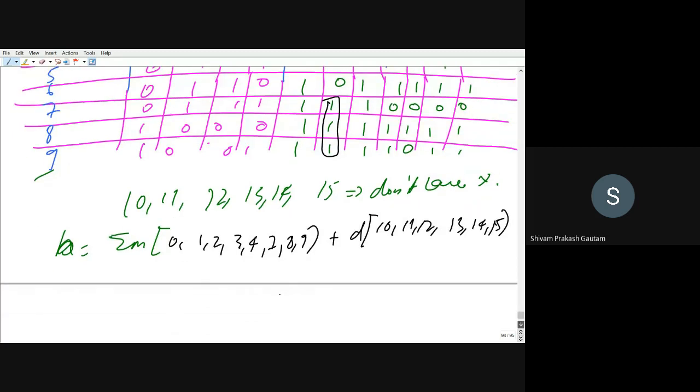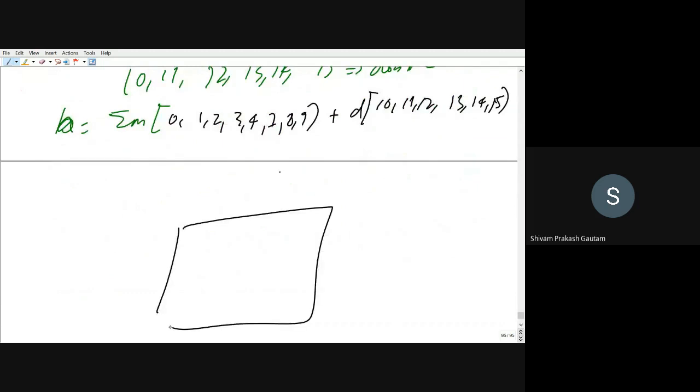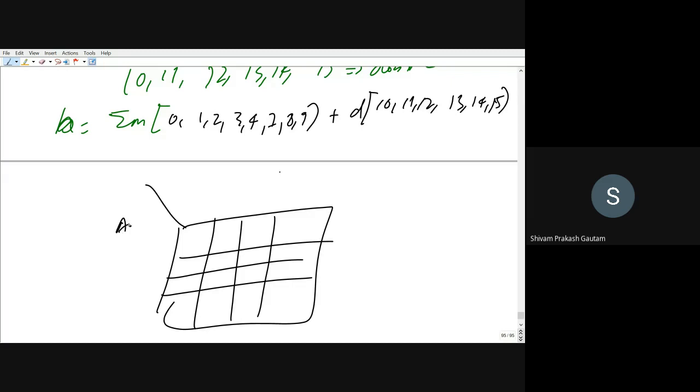So you can make a K-map fast. Let me do it. So this will be A3, A2, A1, A0, 00, 01, 11, 10, 00, 01, 11, 10.